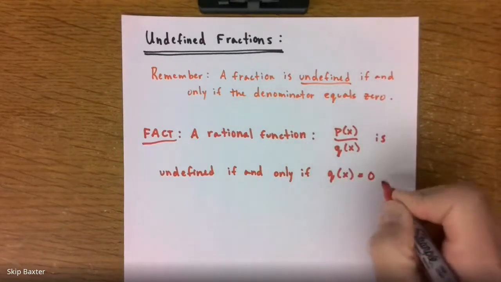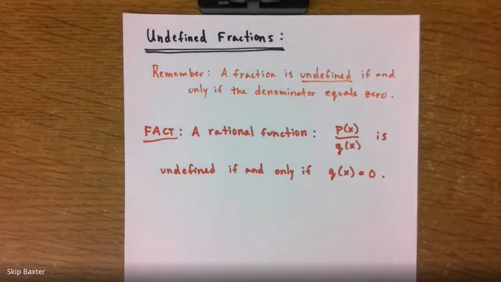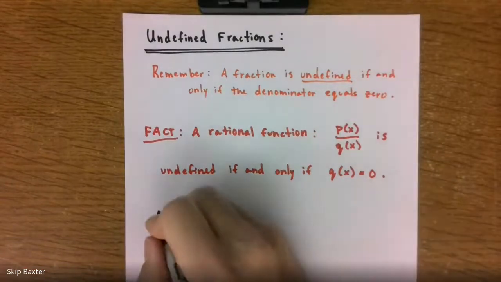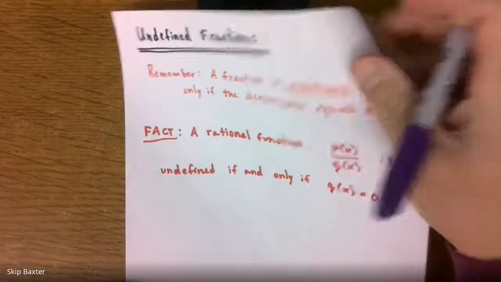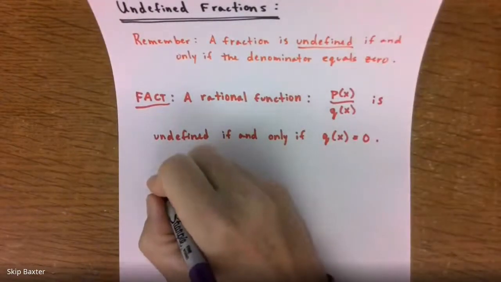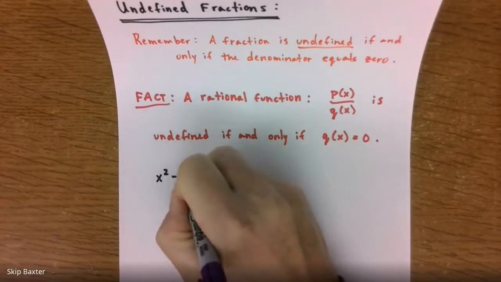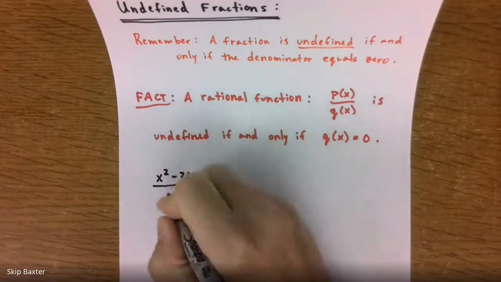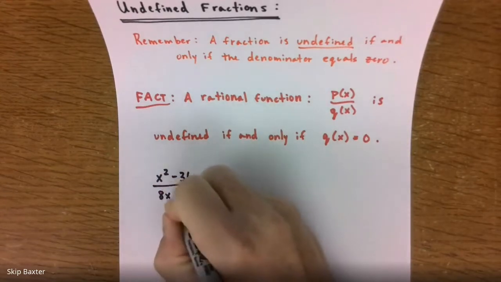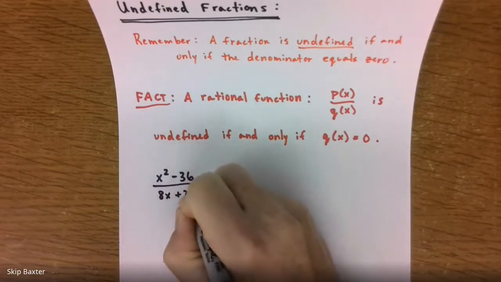That's the denominator, right? So if they gave you a rational function, for example, suppose they said, here's a rational function, x squared minus 36 over 8x plus 24, let's say.